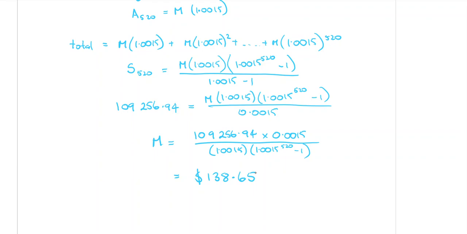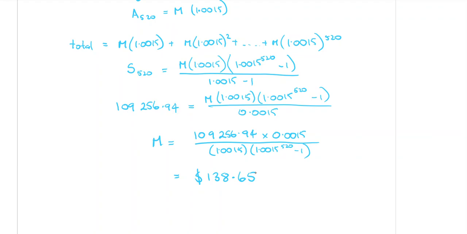So if they put in $138.65 a week, they would get the same amount of money as putting in $600 for a month. If you think about 600 a month, it's about 4 weeks, that's equivalent to 150 a week. So because it is compounded more frequently, you get more money faster. So you can start with less to get the same amount.